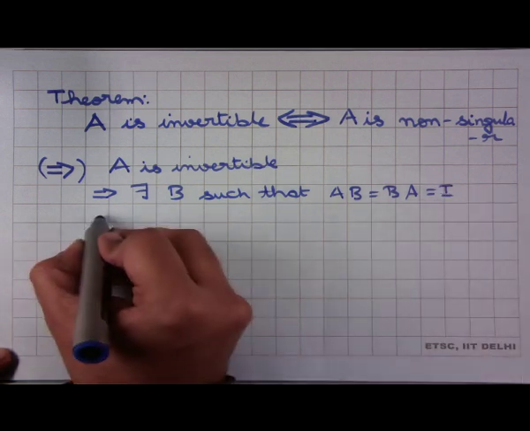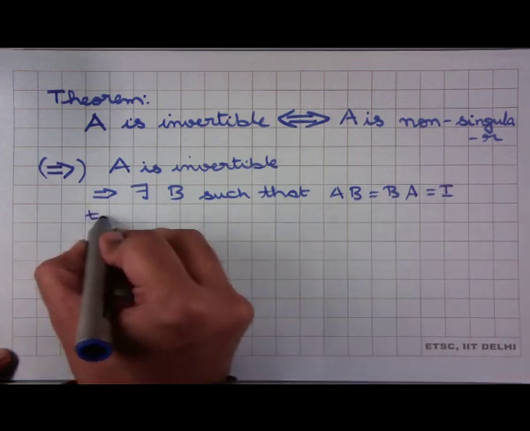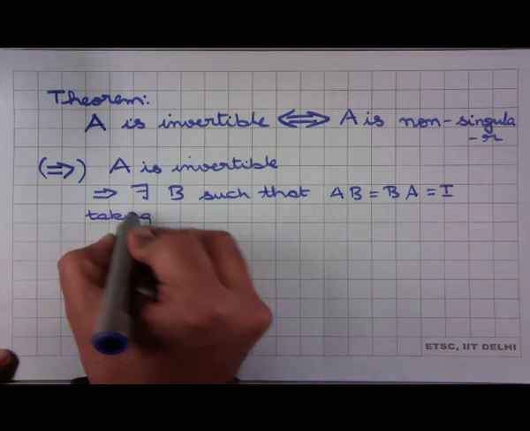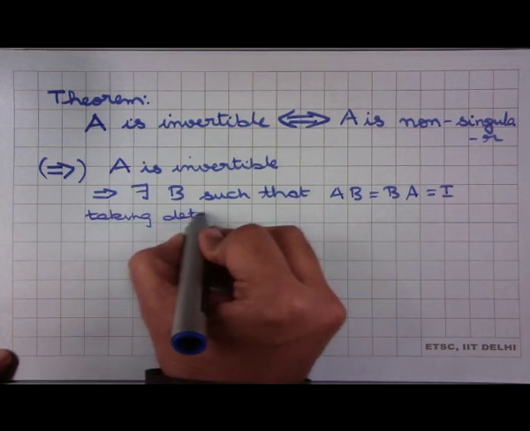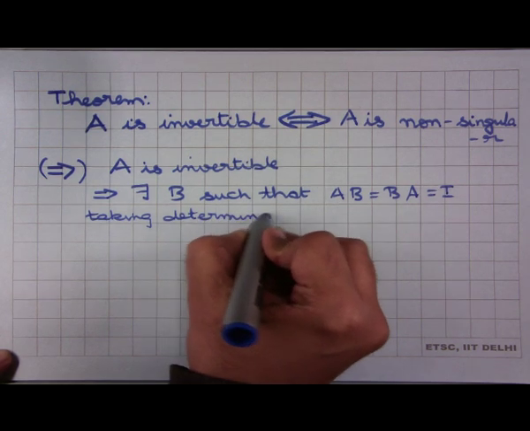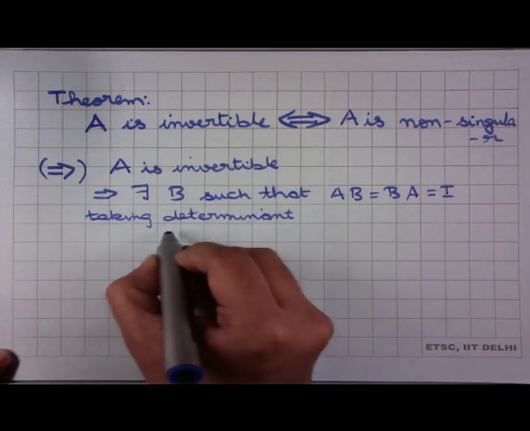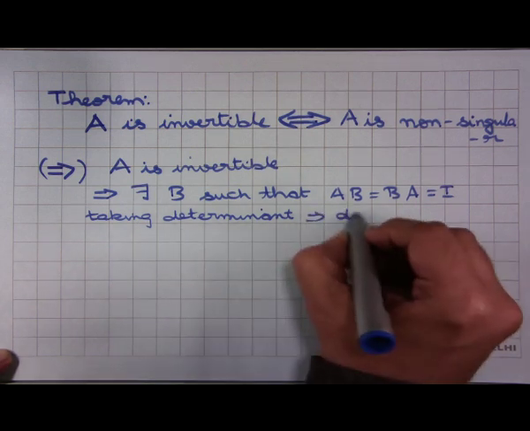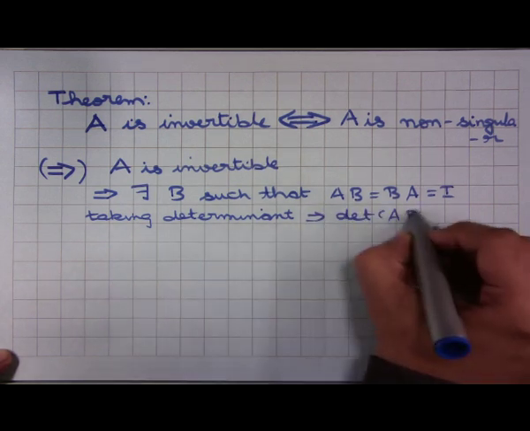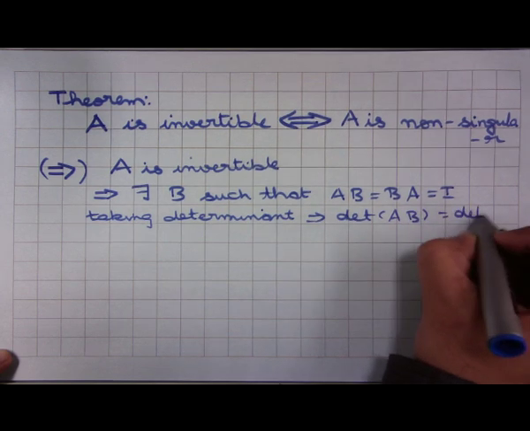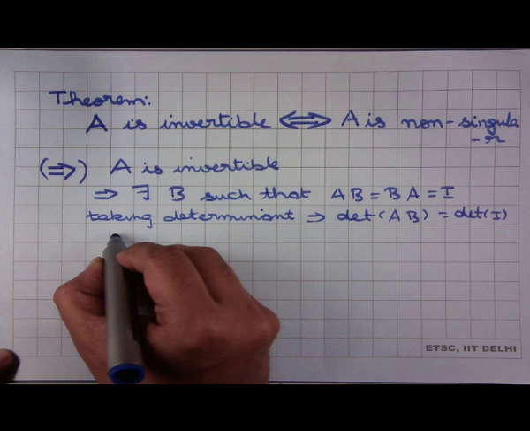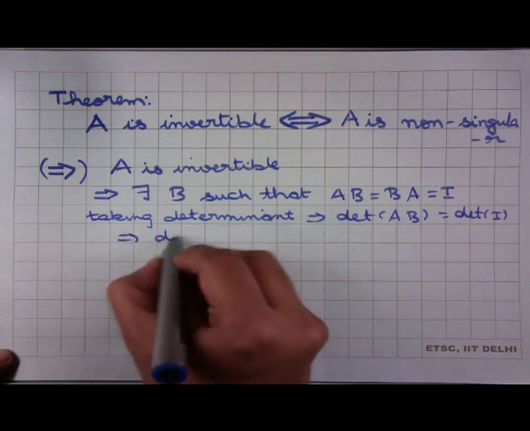And now, taking the determinant, we can get that determinant of A B is equal to determinant of identity. So, what is the determinant of the product of matrices?